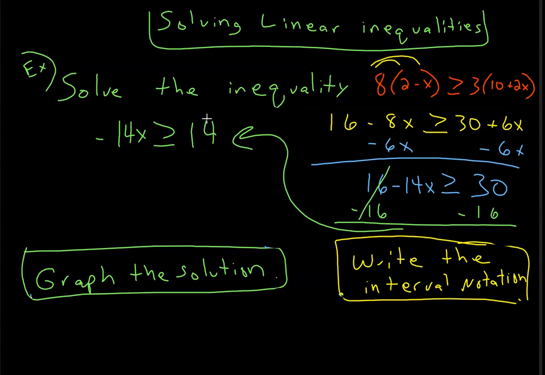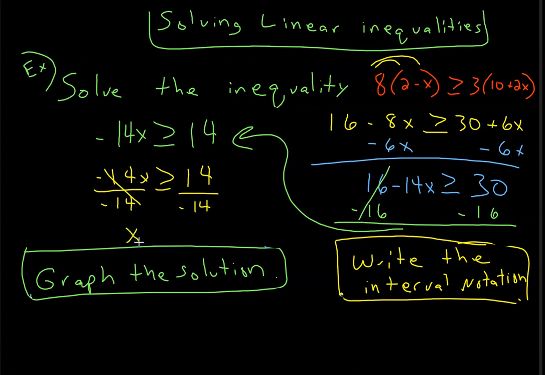So to finish solving, you probably recognize I should divide both sides of the equation by negative 14. So I'm going to rewrite it. I'll divide this side by negative 14 and this side by negative 14. And when you do that, these cancel, and you get just x.